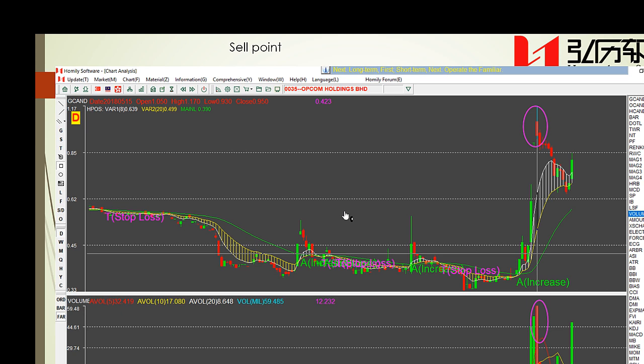So here we should be cautious: once we see the price drop, combined with the volume being bigger than yesterday, we can double confirm. So here we should sell it. We get the double confirmation. So here we should sell it.